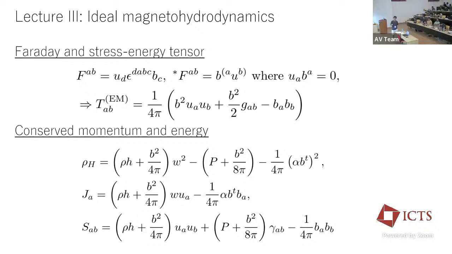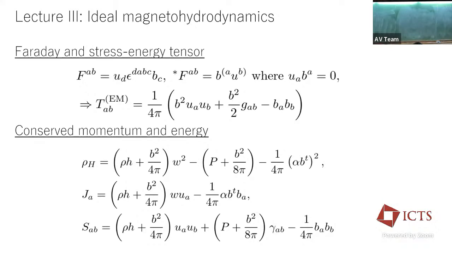Then the stress-energy tensor for the EM field is reduced to something like this, and the conserved energy and conserved momentum and S^{ab} are given as usual by, for example, this. Now you come up with these terms, b squared.